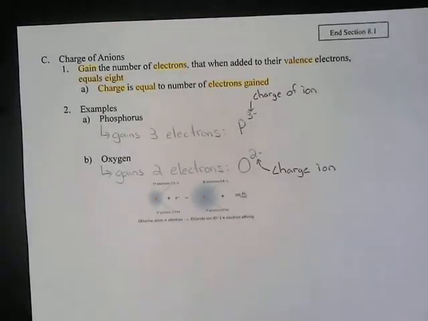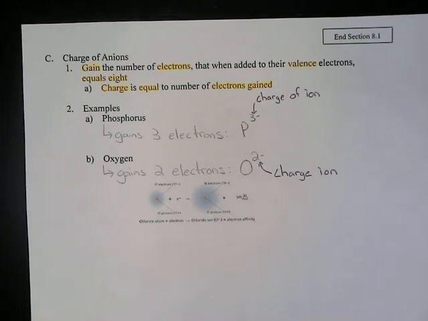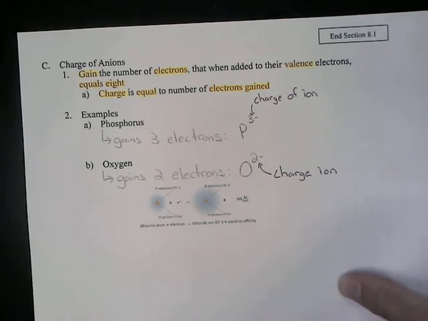Now, what I want to show you is this. To determine the charge of our representative or main group elements, all we have to do is look at the group. So I'm going to grab a new periodic table, and this is our charge of our ions from our representative or main group elements.